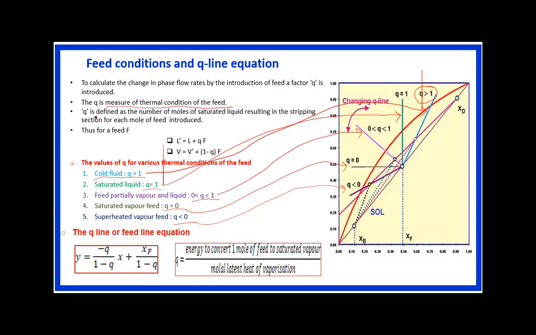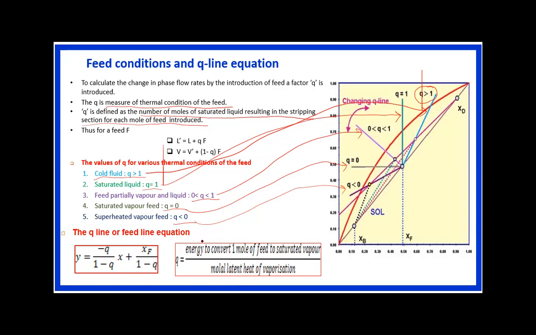Then q can be defined as the number of moles of saturated liquid resulting in the stripping section for each 1 mole of feed introduced. It can also be defined in terms of a formula: the energy to convert 1 mole of feed to saturated vapor divided by the molar latent heat of vaporization.